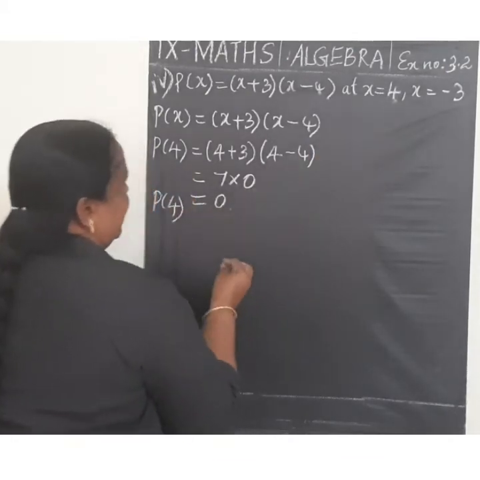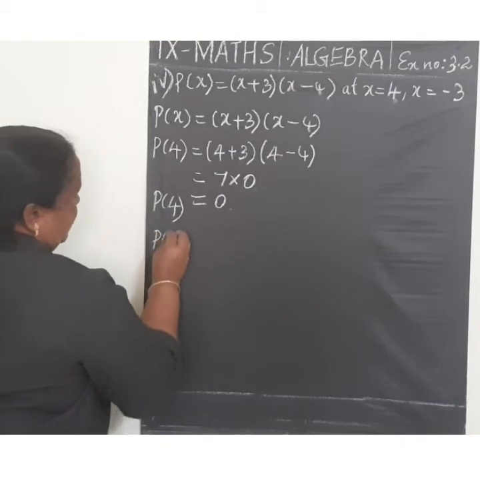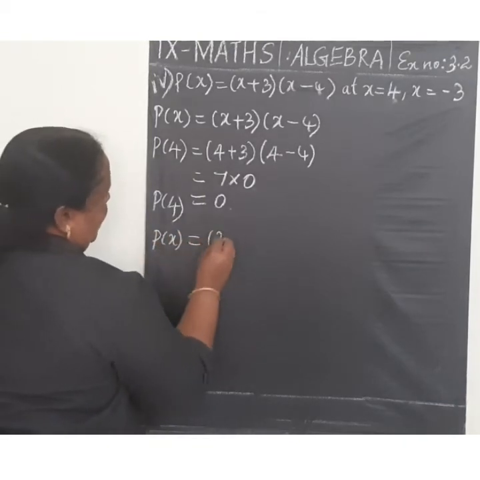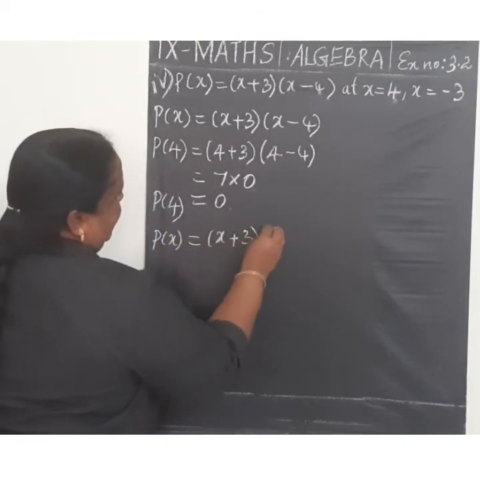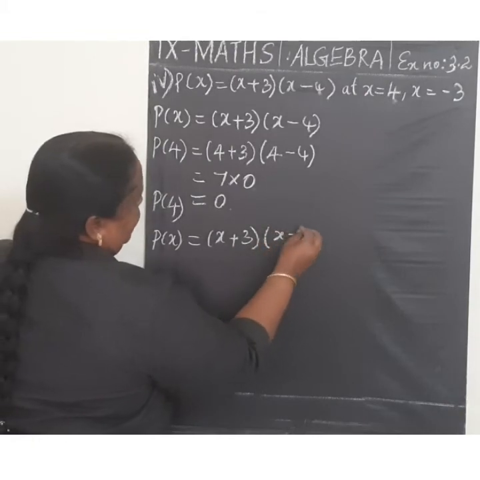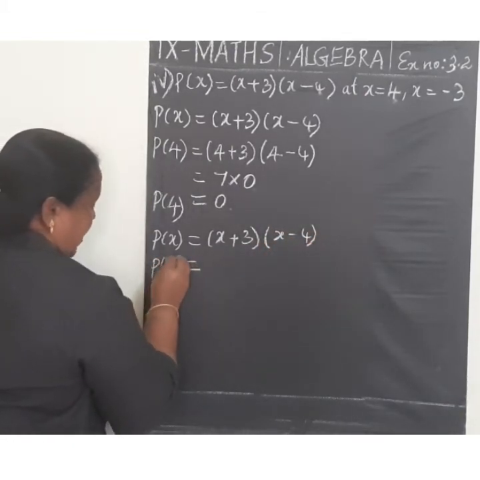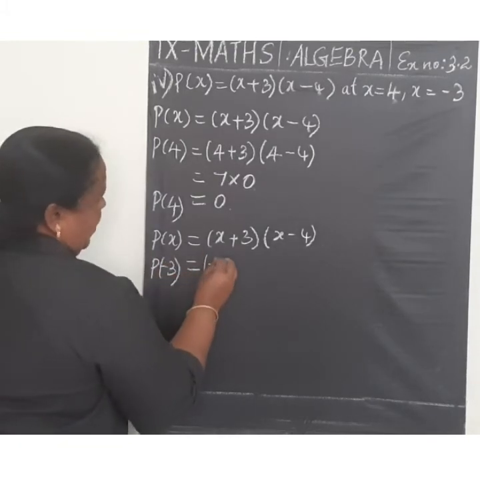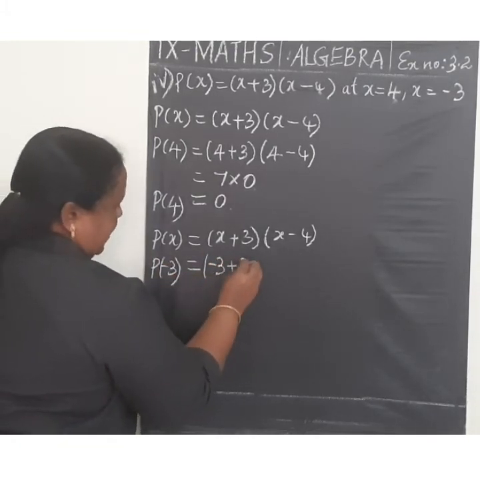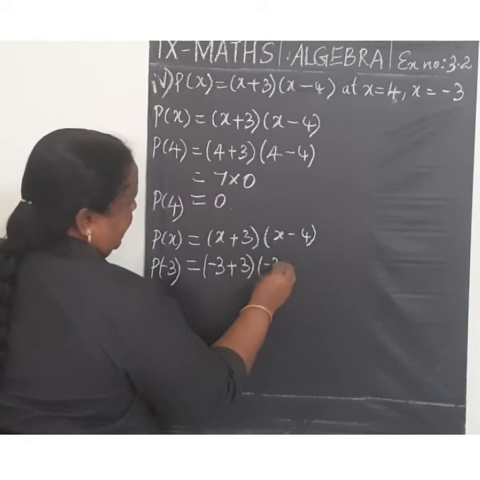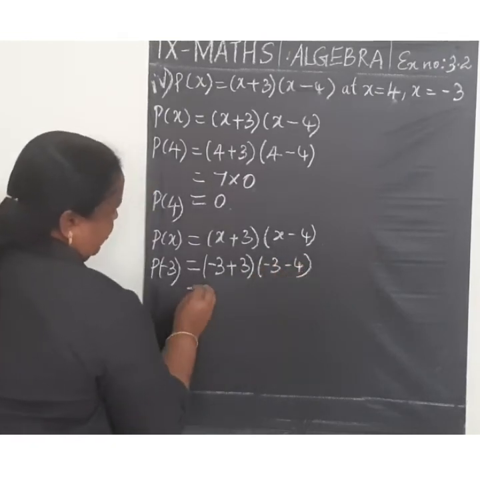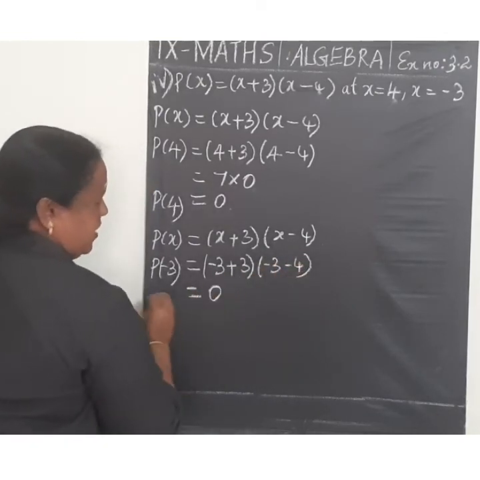Next we will take x is equal to minus 3. So P of x is equal to x plus 3 into x minus 4. So P of minus 3 is equal to minus 3 plus 3 into minus 3 minus 4. Here minus 3 plus 3 becomes 0.